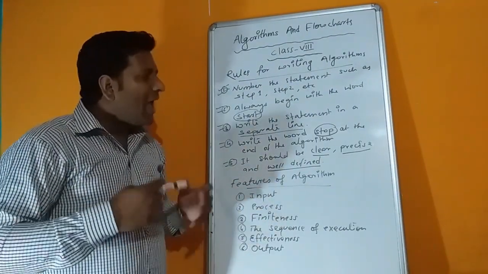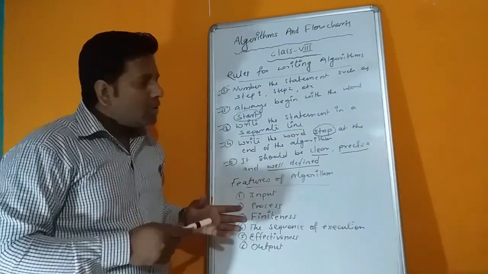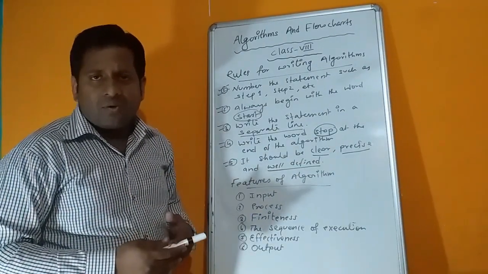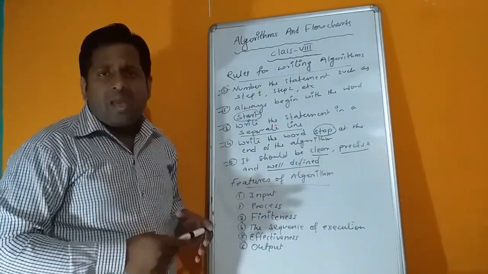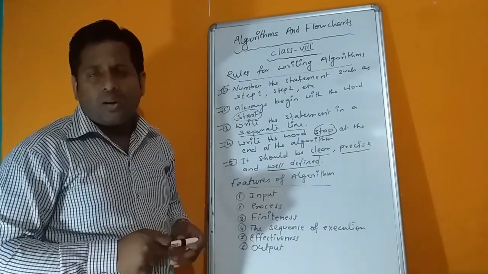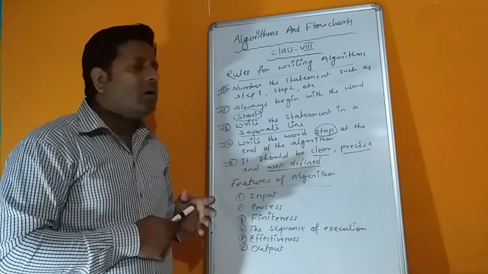So children, algorithm has a very important role in our life. Whether you are a programmer or dealing with your day-to-day life, algorithm is required. Algorithm gives us the proper planning for any task or work. If you have a good algorithm, you can be a good programmer.